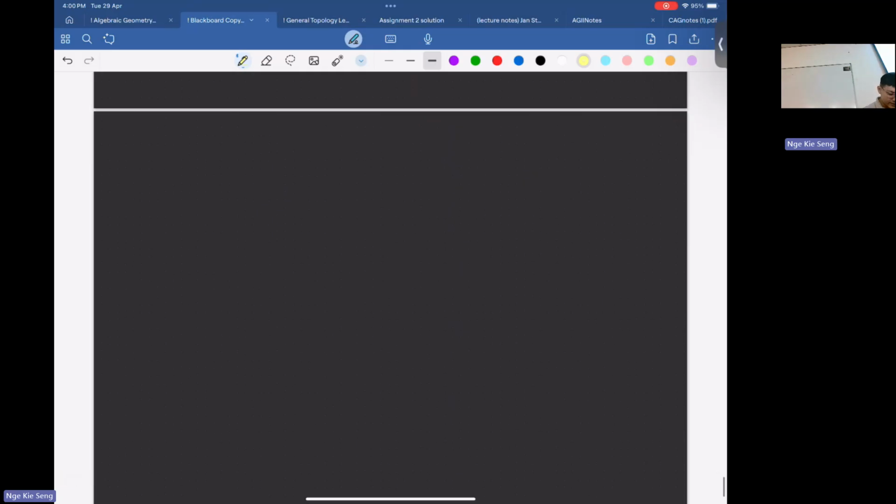All right, so yesterday we defined an affine algebraic set, right? So what does an affine algebraic set mean? Where do you take the affine algebraic set from? It's a subset.